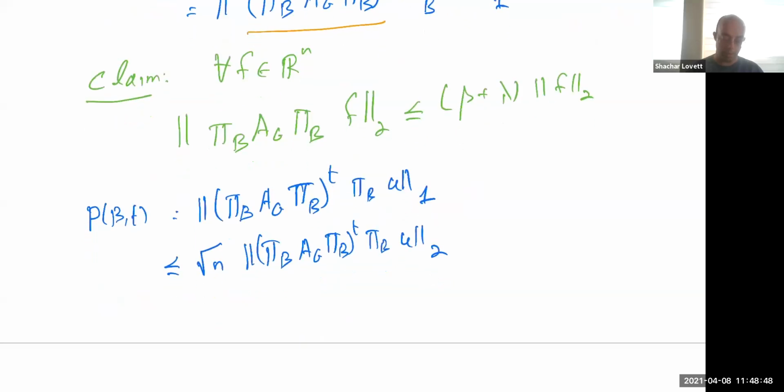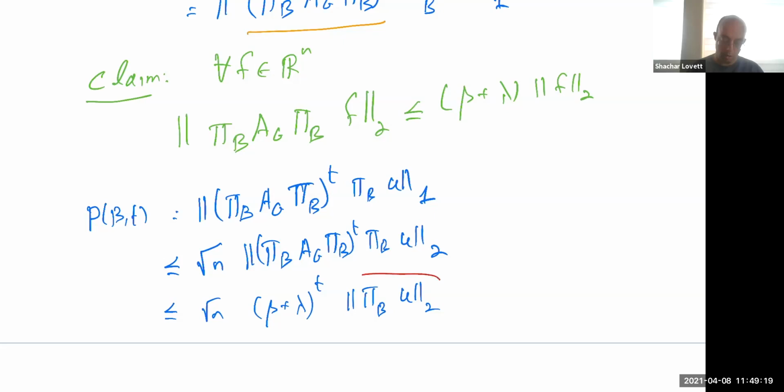So by the claim, we get beta plus lambda to the t, times the L2 norm of pi b u. Let's just do this last part here.